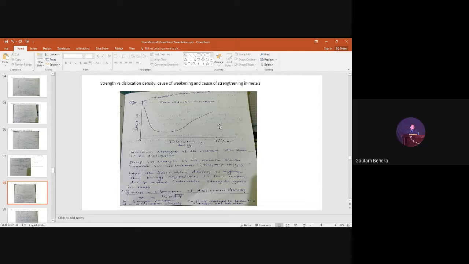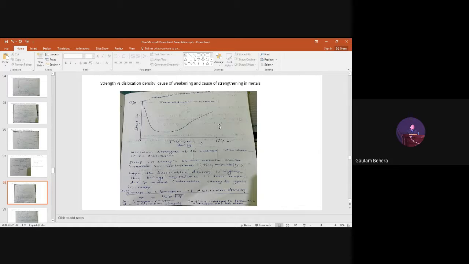Annealed has the lowest dislocation density, so low strength. I am not asking about the density. I am asking you to arrange the samples according to decreasing strength.